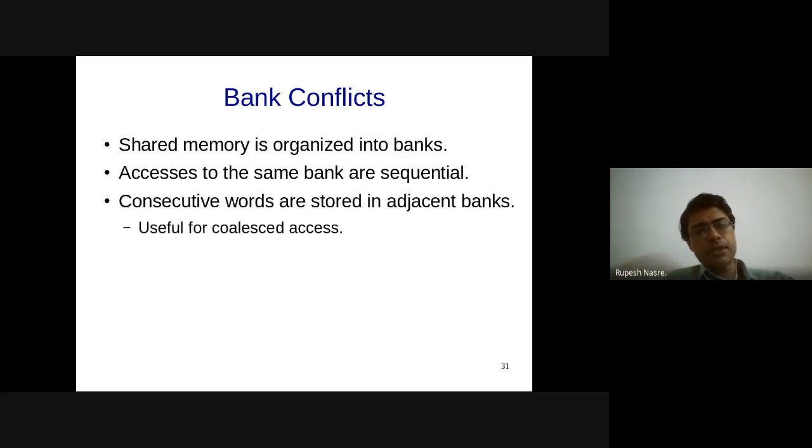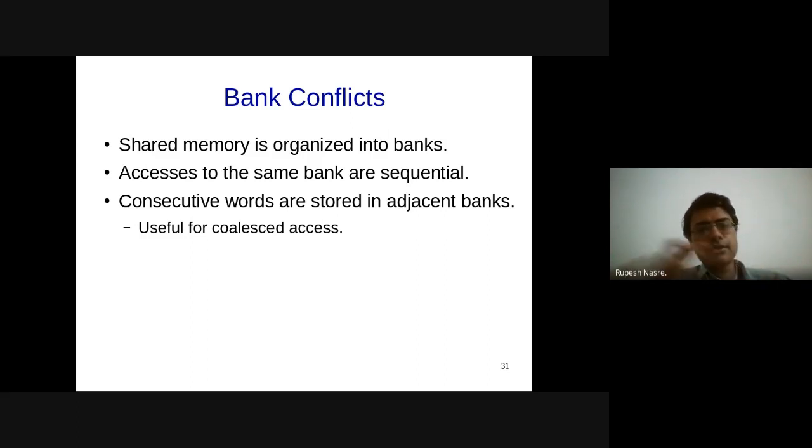Right? So the consecutive words, as soon as I declare an array of, let's say, 100 integers, although they have consecutive addresses, right? So let's say 1000, then 1004, 1008, and so on.